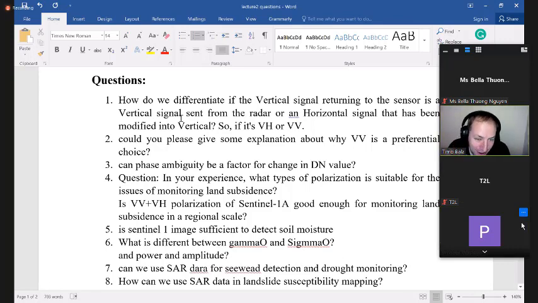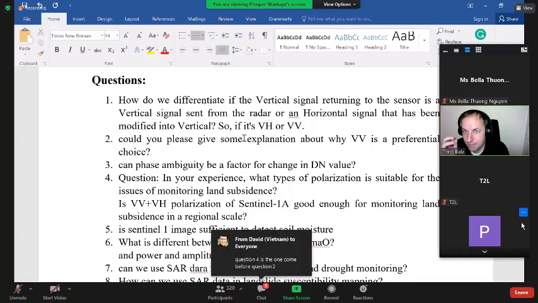All right, question 1. How do we differentiate if the vertical signal returned to the sensor is a vertical signal sent from the radar or a horizontal signal that has been modified into vertical? So if it's VH or VV. Right, we know that because we are transmitting.